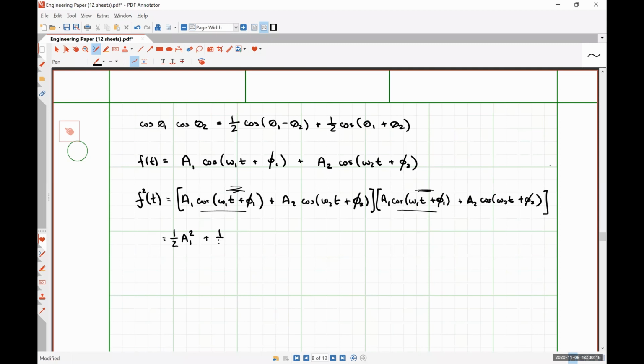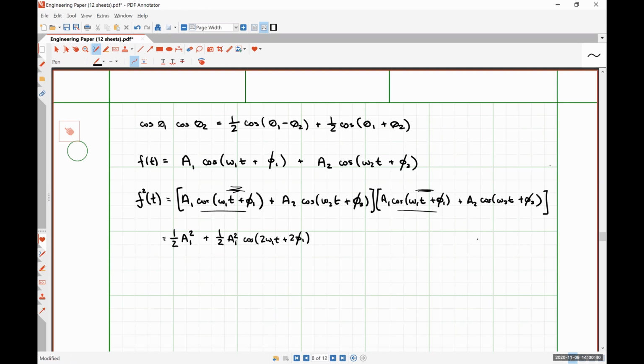Plus 1/2 a1 squared cosine of twice omega 1t plus twice phi 1. That's me multiplying the a1 cosine term times the a1 cosine term and applying that topmost trig identity.